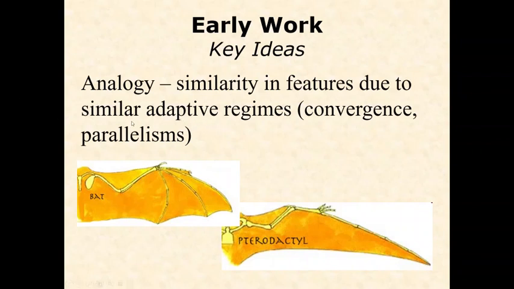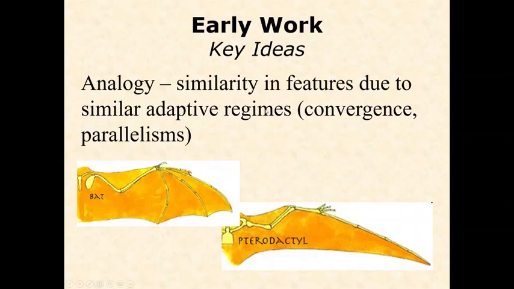So be aware that the scope is an important consideration when we're trying to determine questions of homology versus analogy. Structures that evolve independently, either through convergence or parallelism, are analogous, not homologous. Now, I'm going to take just a minute and talk about these two terms, convergence and parallelism.